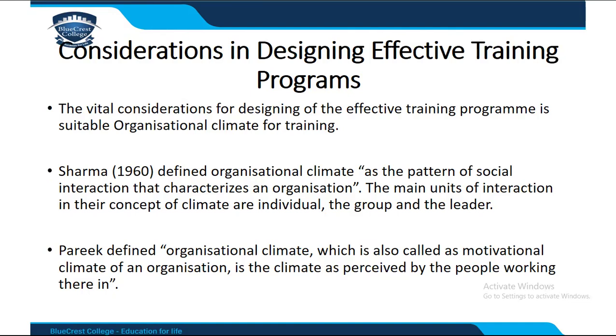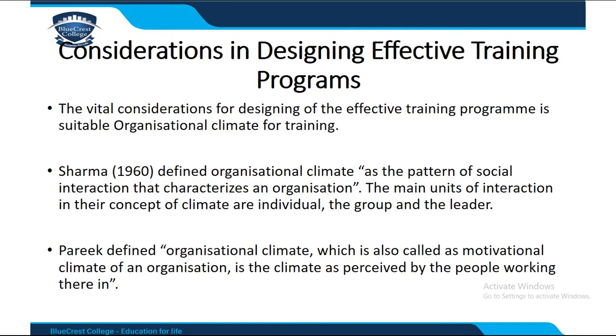Okay, so according to Sharma, he defines organizational climate as the pattern of social interaction that characterizes an organization. So the way the organization interacts among itself, the way employees interact among themselves, the way management interacts with subordinates, subordinates with superiors, that pattern is what you refer to as the organizational climate.